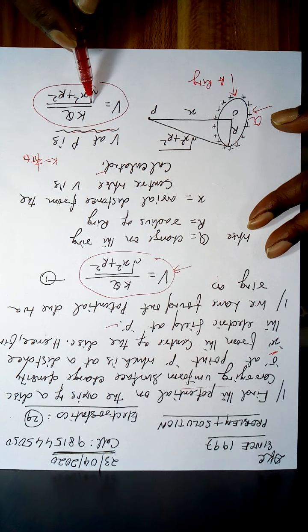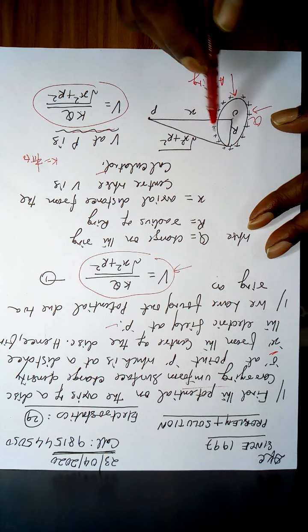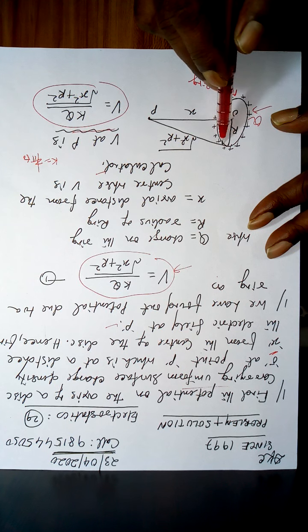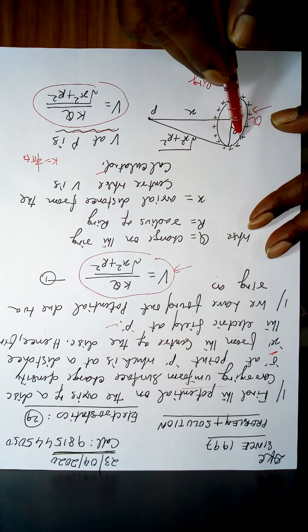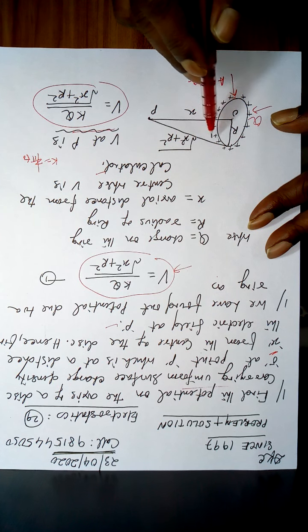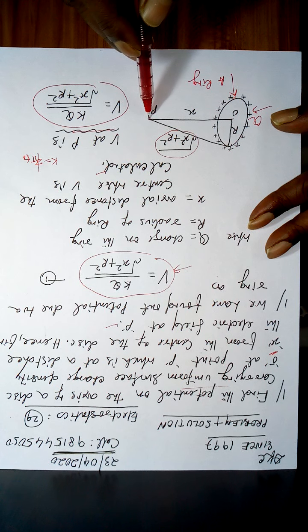Q is the total charge distributed uniformly. The square root of x square plus r square is this distance; any point on the ring is at this distance from the point P.